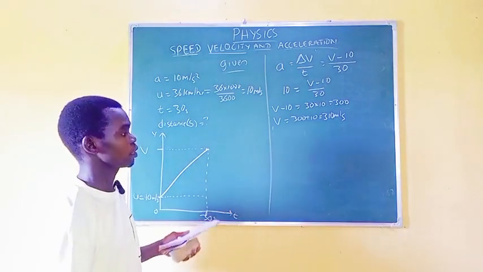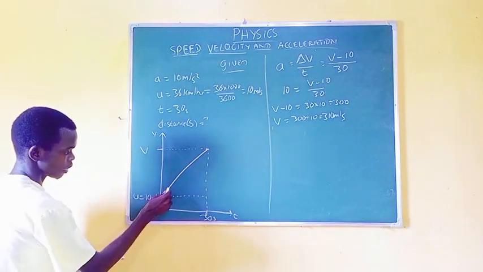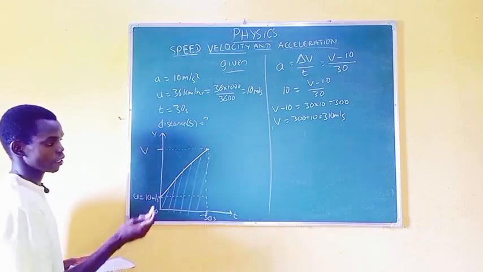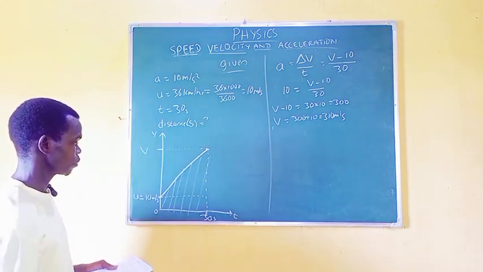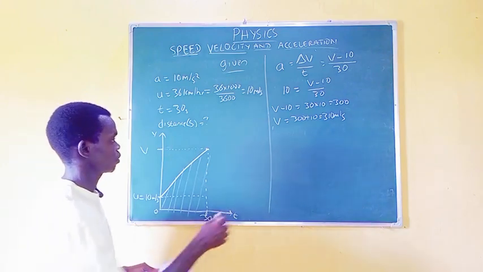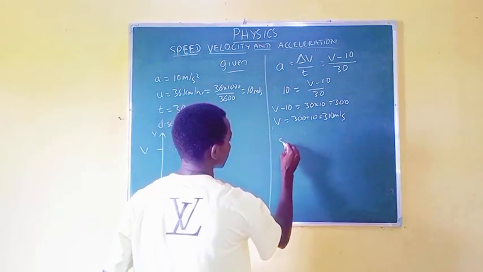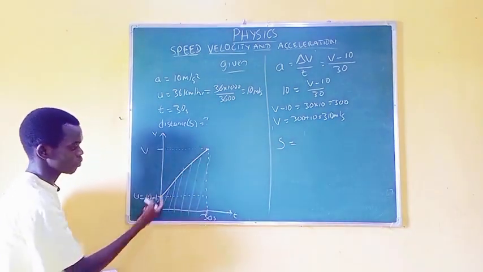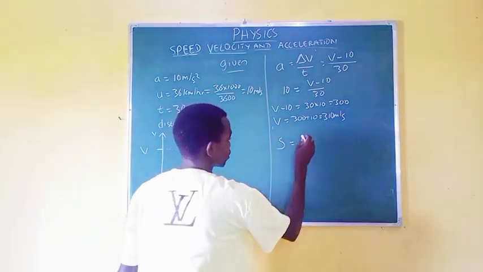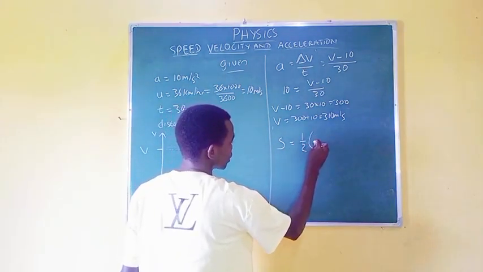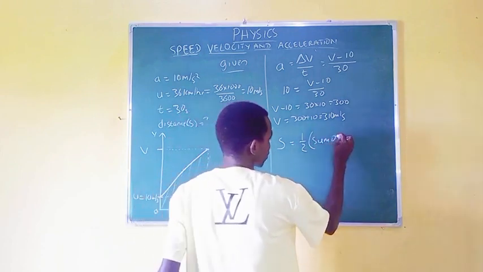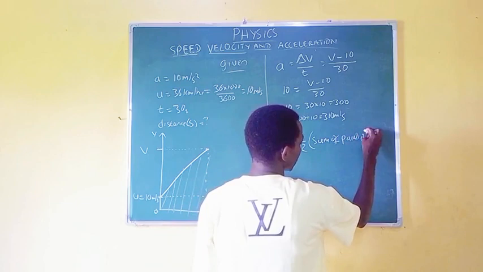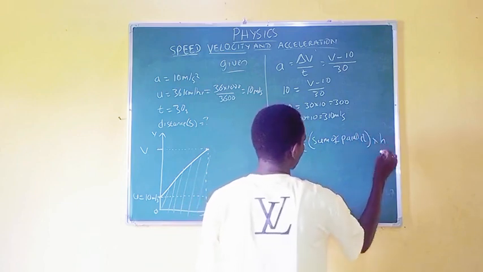And from our previous explanation, we said that the area under this graph is equal to the distance covered during the motion. So we now have distance to be, if you look at this shape now, it's a trapezium, to be 1 all over 2 times the sum of parallel sides times the height.